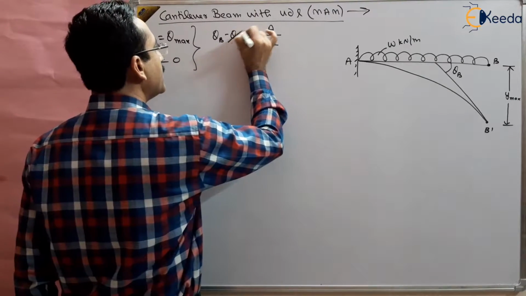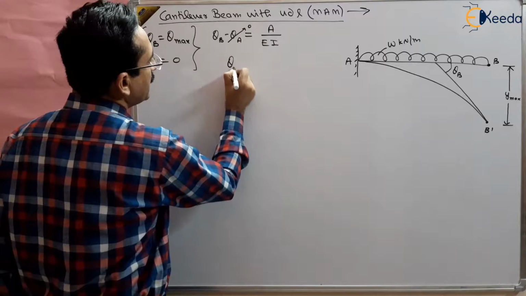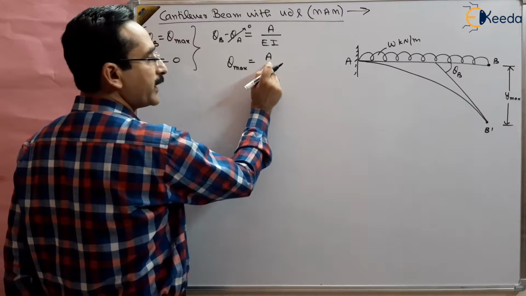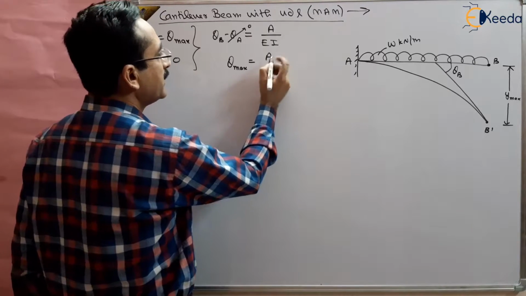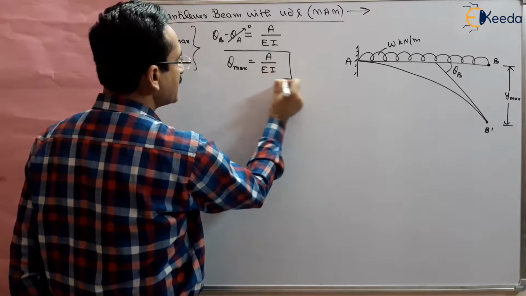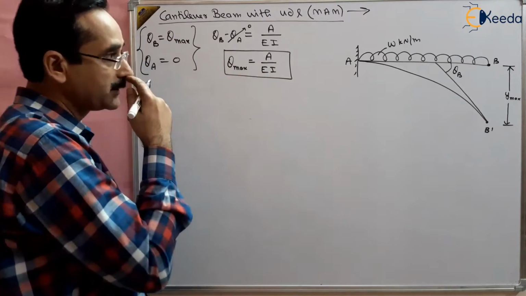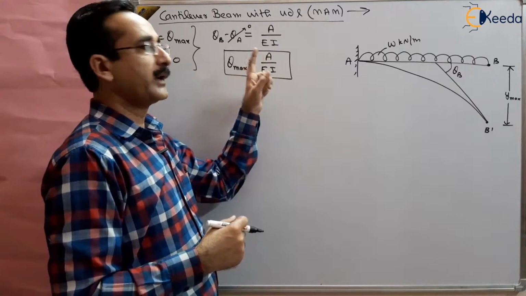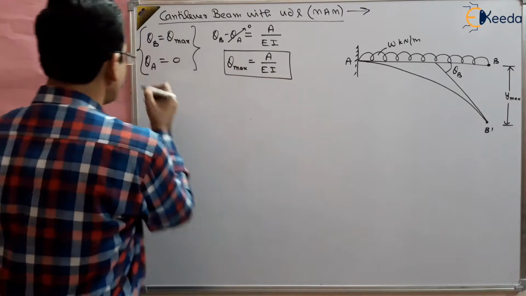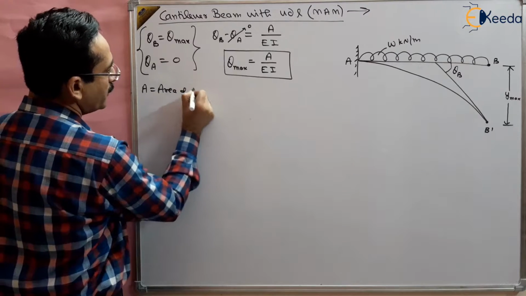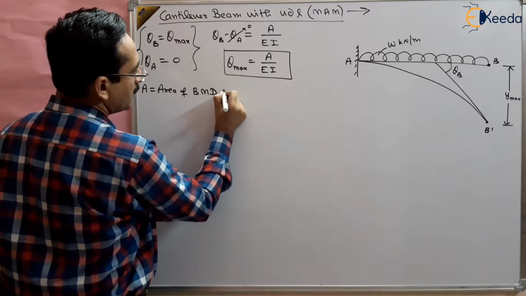And we know that theta A is 0, so theta max or theta B can be obtained from the area of the bending moment diagram between A and B divided by EI. This is how we can find theta max. This area is the area of the bending moment diagram between A and B.